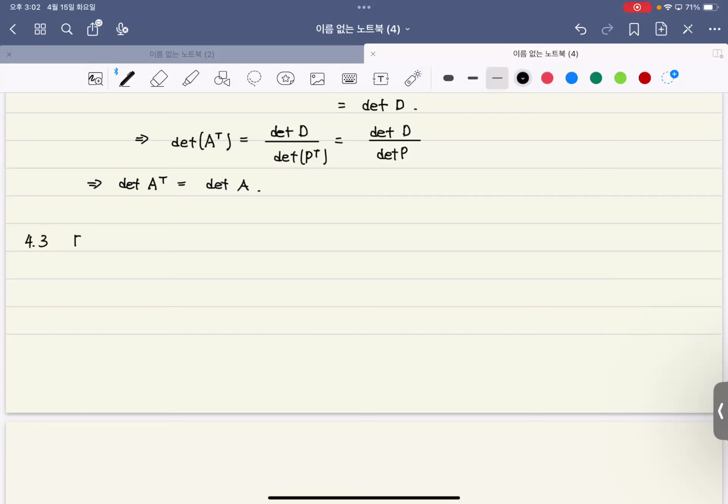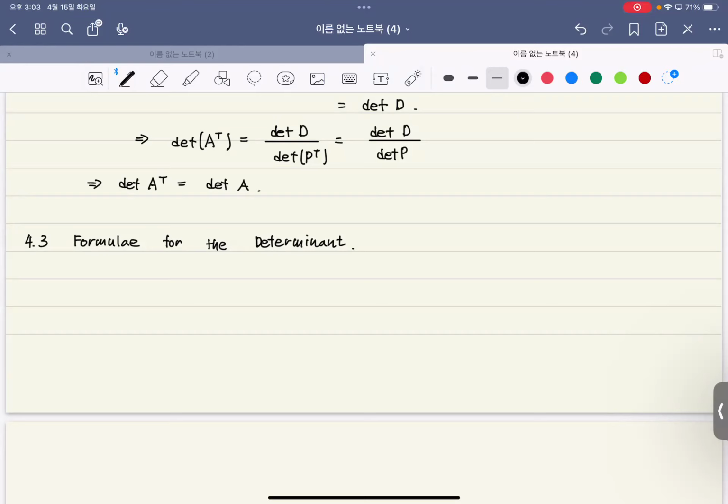Section 4.3. In this section, I'm going to give you the explicit formula to compute the determinant of a matrix of any size, any square matrix.